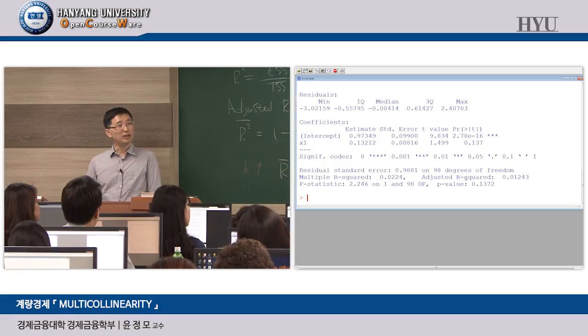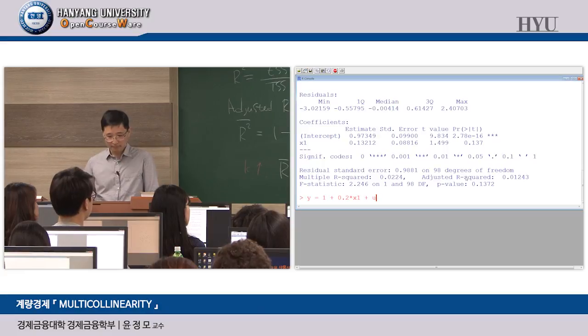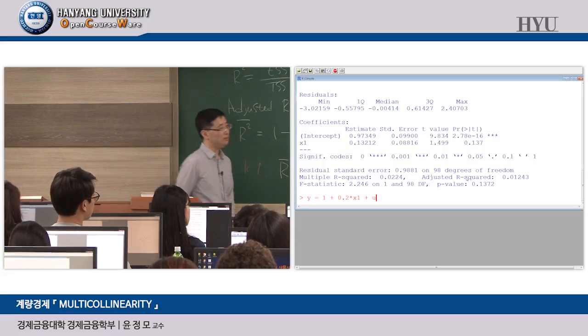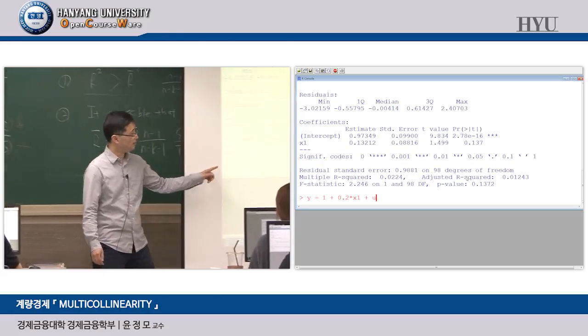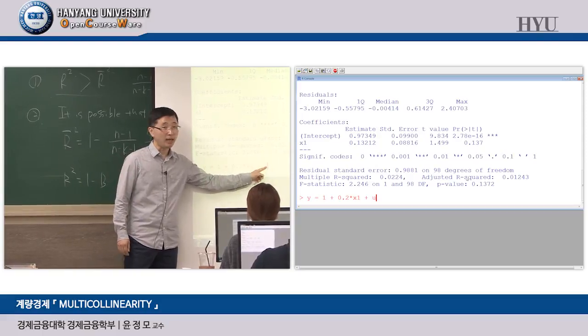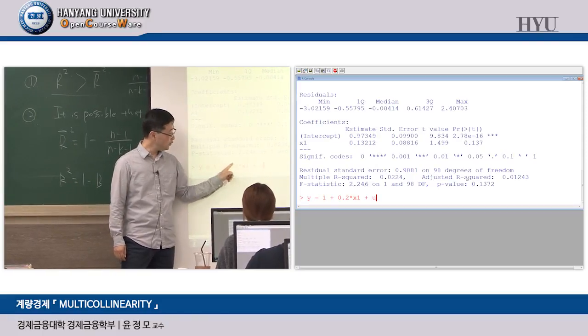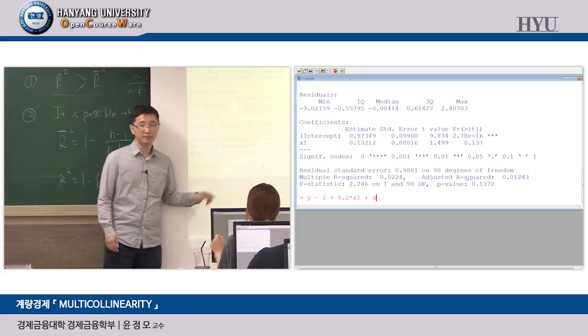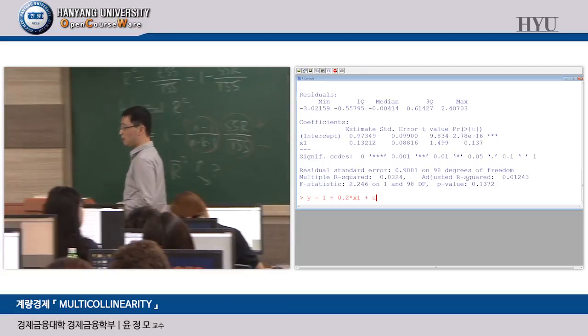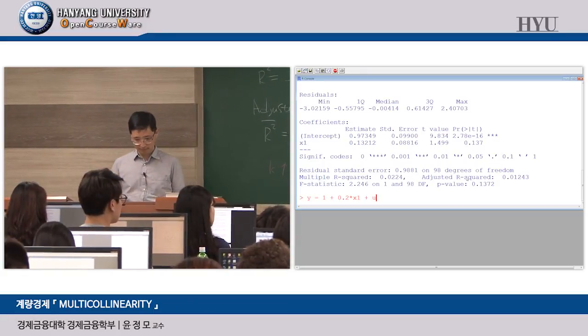Now, let me generate another independent variable that is useless. Useless in the sense that it does not help to understand y. Okay? So when I generate y, I use my constant, which is not data, and I use my x1 and the error. So x1 is useful to understand y, but let me generate something that is not that useful.